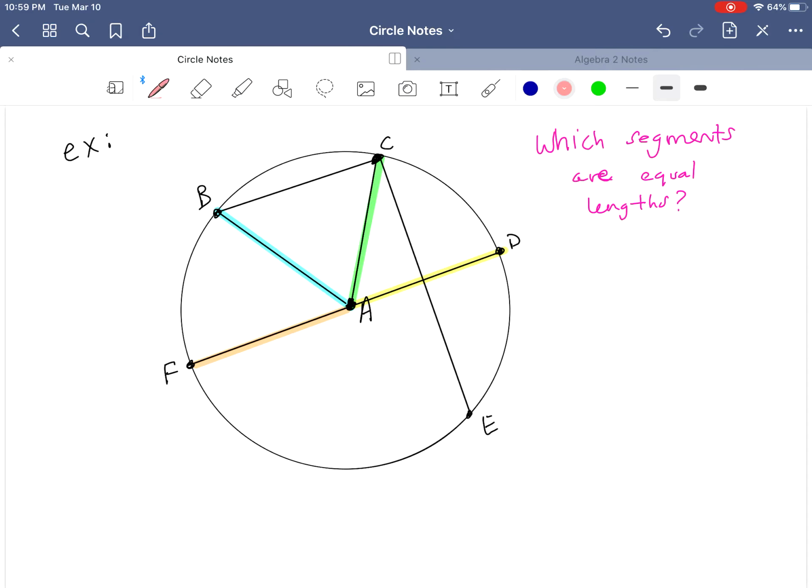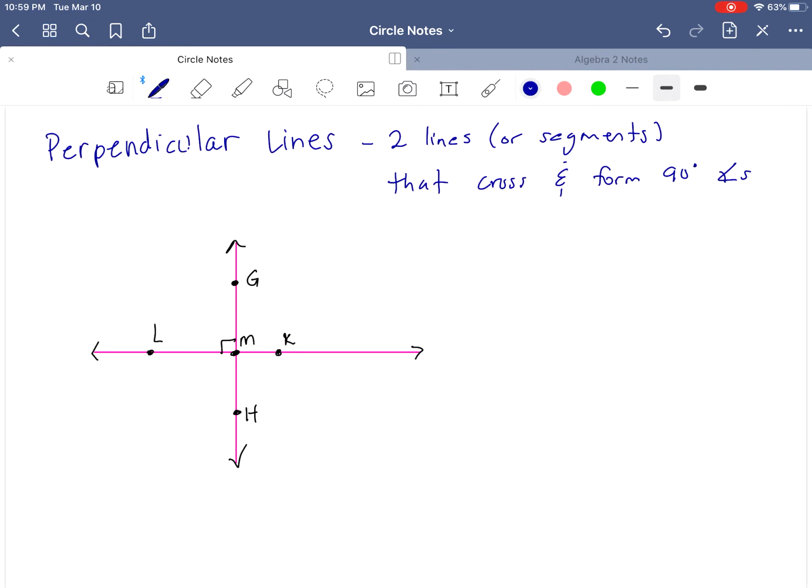So those would be my 4 segments, and I could go ahead and list them there. Segment AB, and then segment AC, segment AD, and segment AF are all equal. And then we'd be done. So always look for a radius or a diameter, and then you should be good to go.